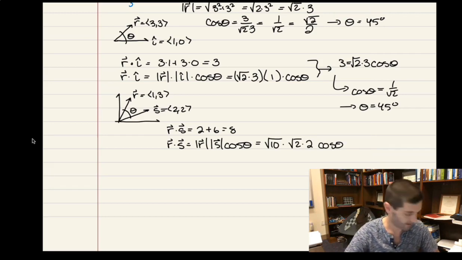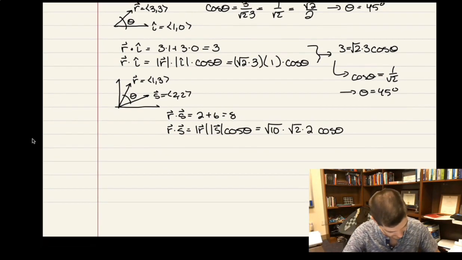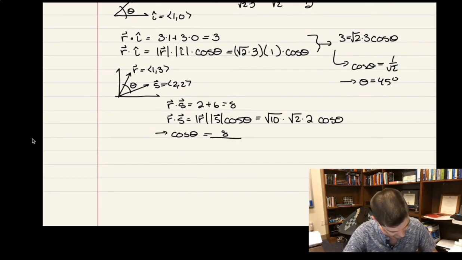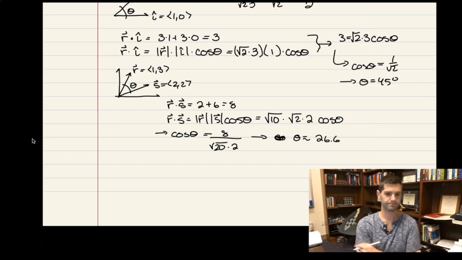And you could simplify that algebraically, but who cares? So then cosine of theta is 8 divided by what looks to be root 20 over 2. That's just a number on the right-hand side. Then I plug that into my calculator to get that theta is about 26.6 degrees.